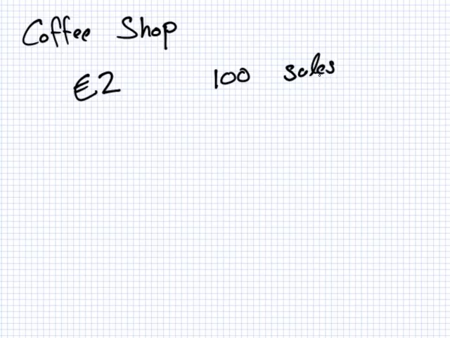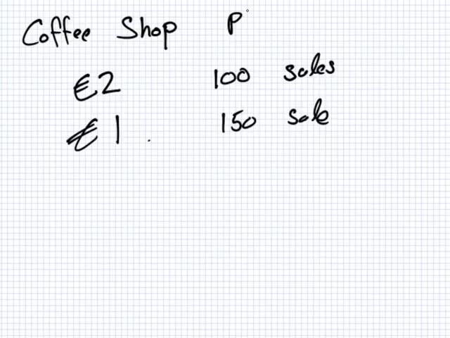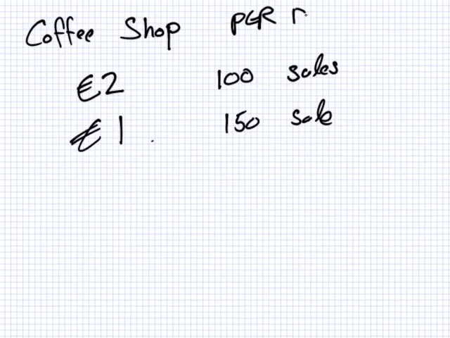And then you discover when you decrease the price, what should happen? This is common knowledge. Increase the sales. You sell 150 coffees. Oh, and by the way, all these numbers are per day. Okay, so far this makes sense, right?